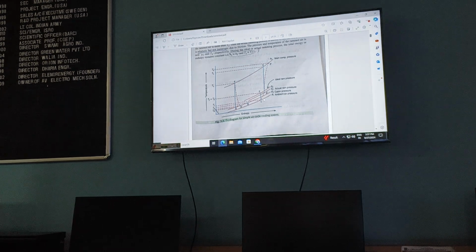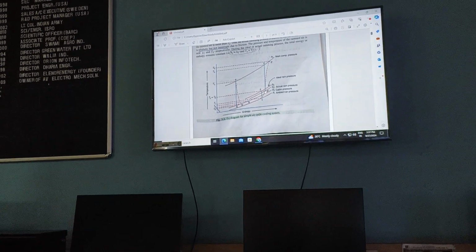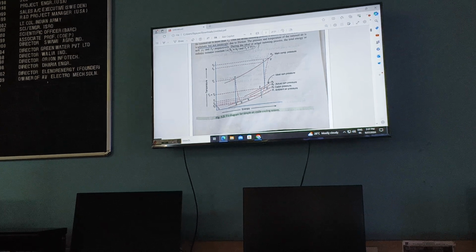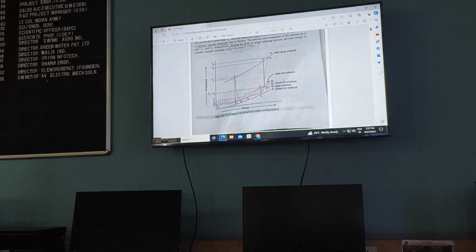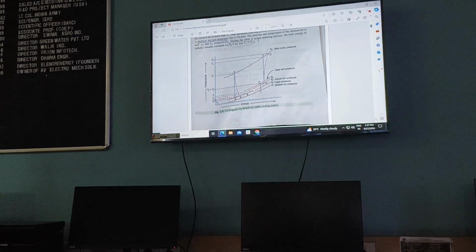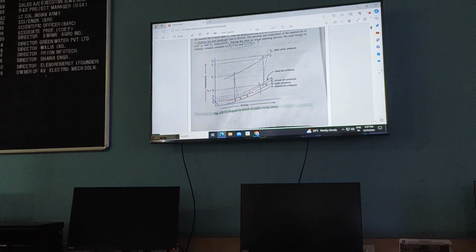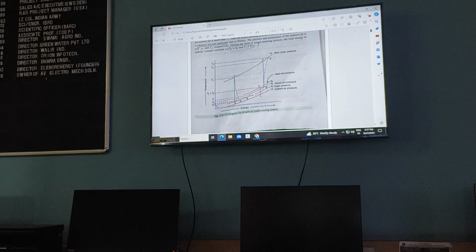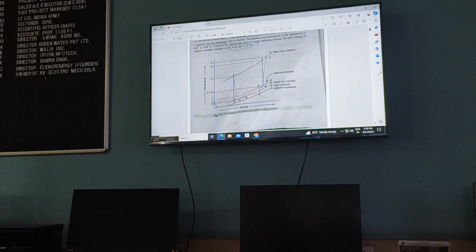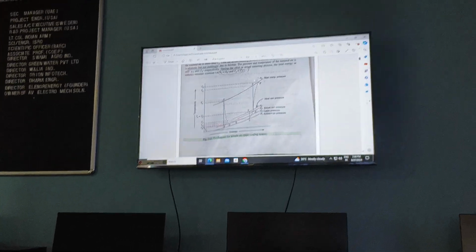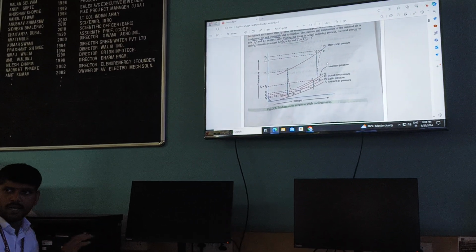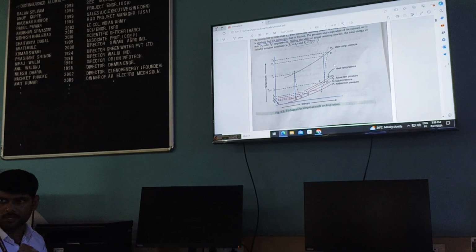The ramming efficiency will be actual ramming divided by ideal ramming, because efficiency is always less than 1, so the numerator will be less and the denominator will be more. Remember it likewise. Then 2 to 3 is isentropic compression, 3 dash is actual compression. In a numerical, if efficiency is not given, directly consider isentropic as actual.